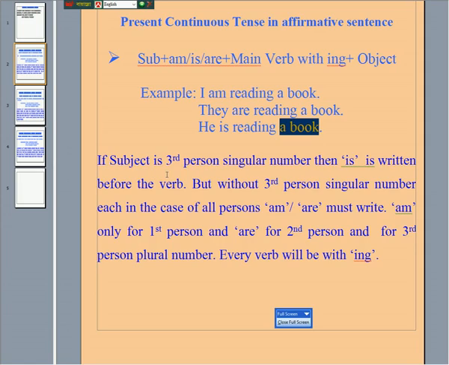If the subject is third person singular number, then is is written before the verb. Here he is third person singular number, so the auxiliary verb is is written before the main verb.